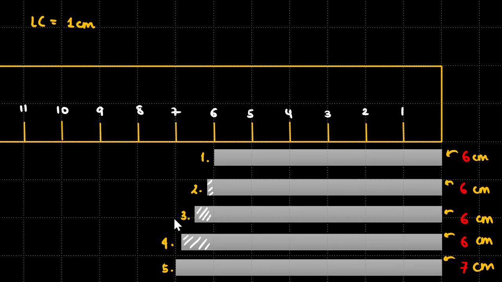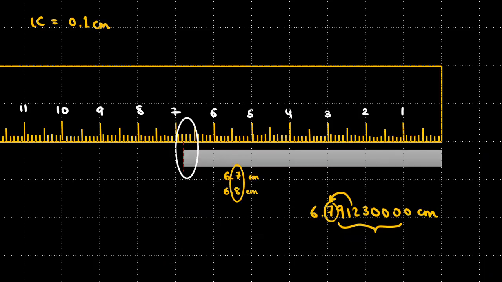Just look at this. Suppose we take our example 4 matches up. If we had a least count of 1 centimeter, you would get that the rod is only 6 centimeter and something else, but we don't know what that something else is. Whereas over here, you will see that it is 6.7 or 8.